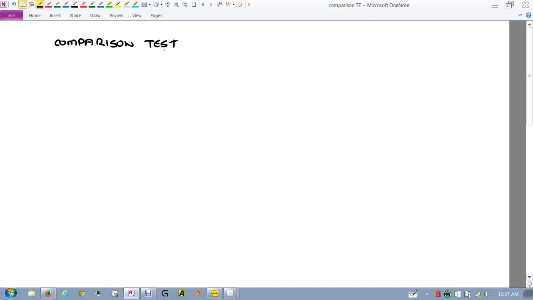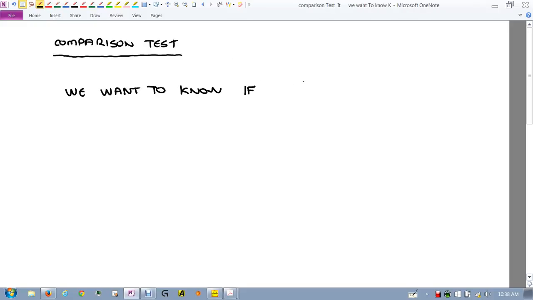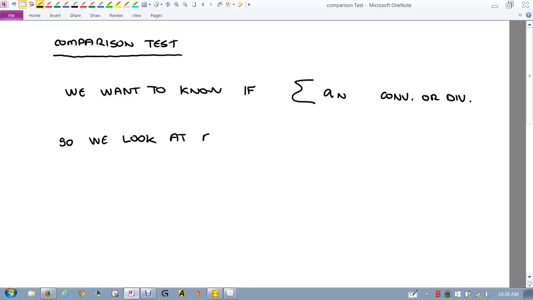All right, moving on to the comparison test. As the test states, it is something that we use, and we are going to do a comparison in order to figure out whether or not a series converges or diverges. So we will want to know if some series converges or diverges. That's what we want to know. So we look at a series which is different than the one we're trying to figure out.